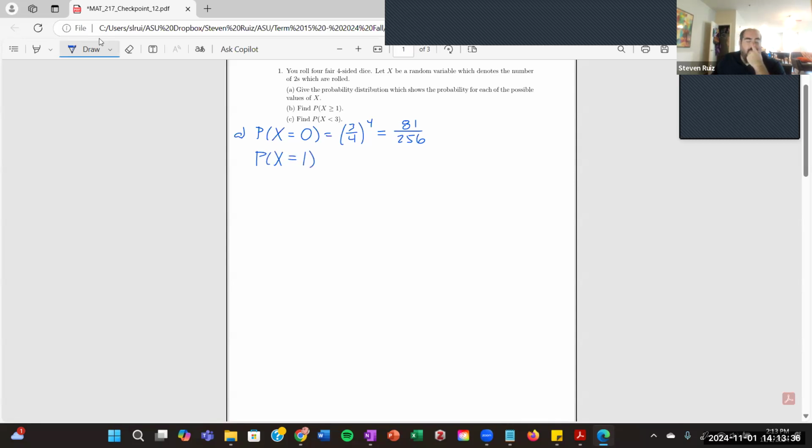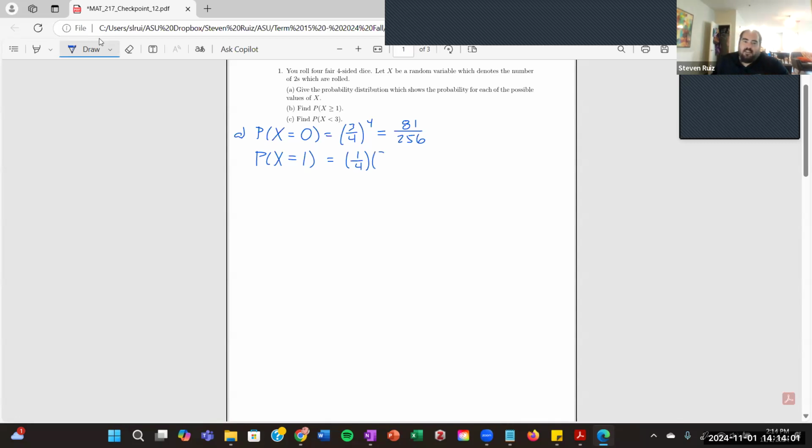Now, this is a little more complicated because I want to roll exactly one 2. But it's not as simple as saying that's 1 out of 4. Well, that's part of it, but that means I also need to have the other 3 be not 2.